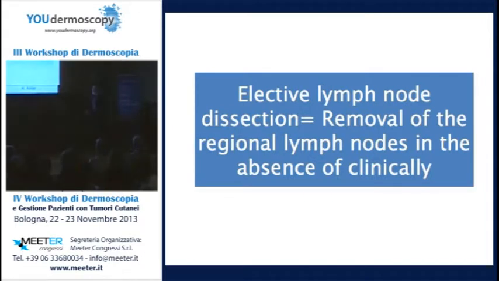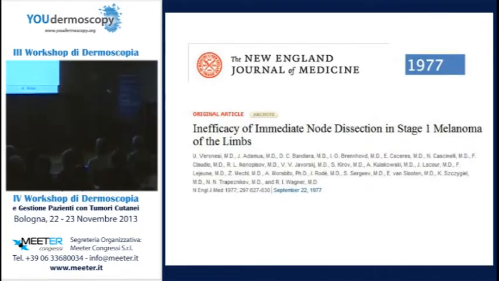So this was also done for quite some years, until there was a study by a very famous Italian, I think you all know this study, done by Veronesi in the 1970s already by the WHO melanoma group, and he proved in a randomized controlled study that elective lymph node dissection is not beneficial to melanoma patients.